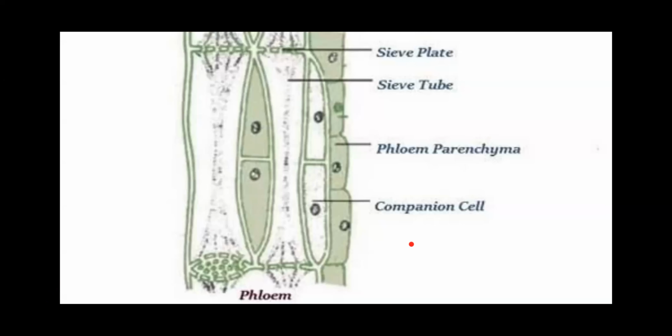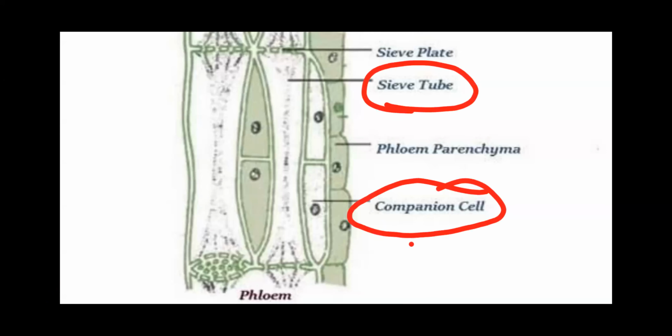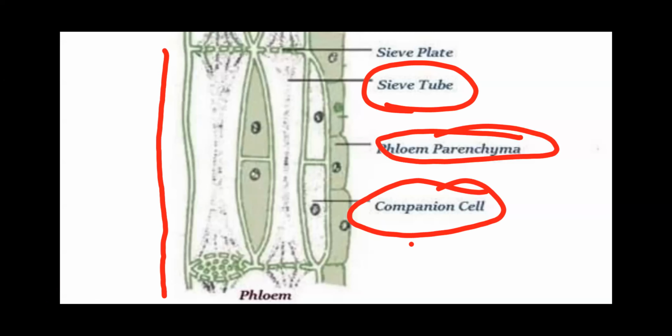Look, the sieve tubes, companion cells, phloem parenchyma, and there will be parallelly running sclerenchyma fibers, which will be known as phloem fibers.